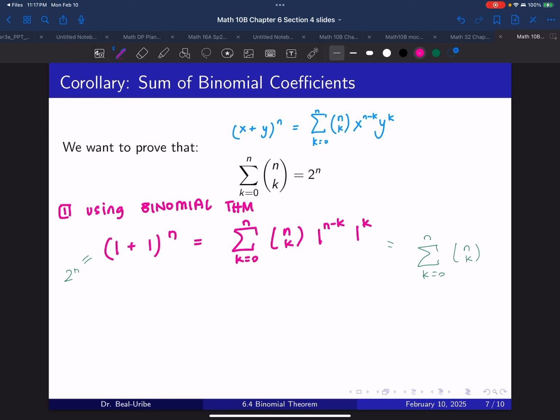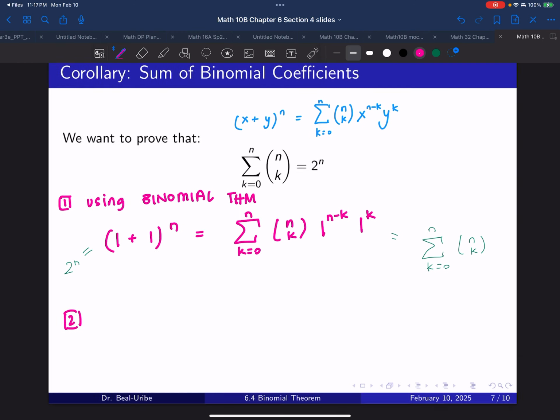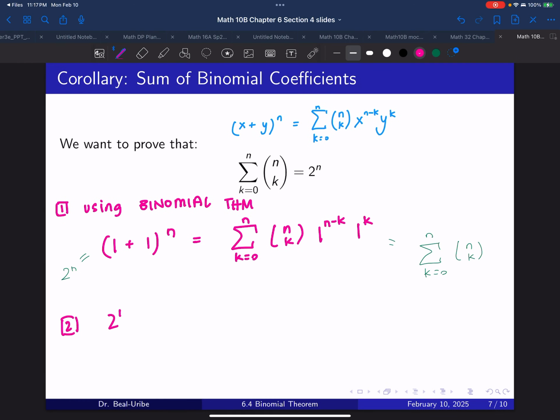And there's a second way I can prove this. The second way is using our combinatorics more explicitly. So 2 to the n is the number of bit strings of length n. Now the right-hand side is the sum of n choose k, k equals 0 to n.